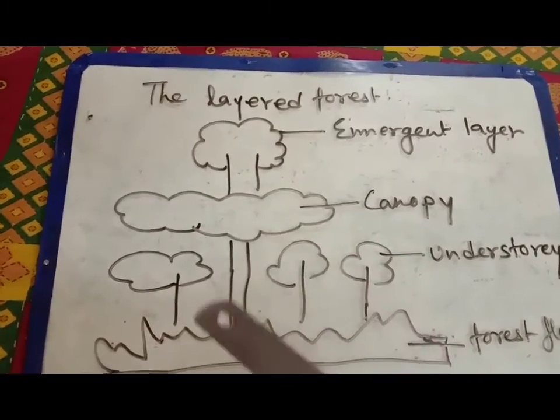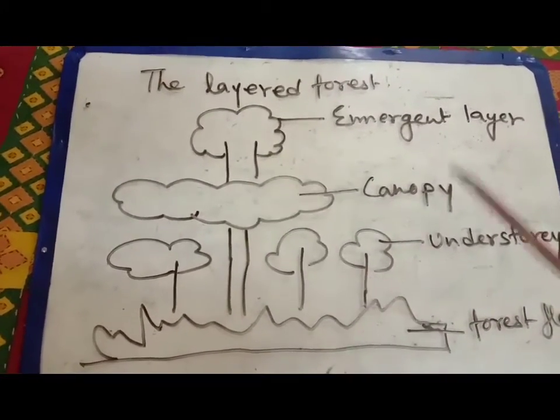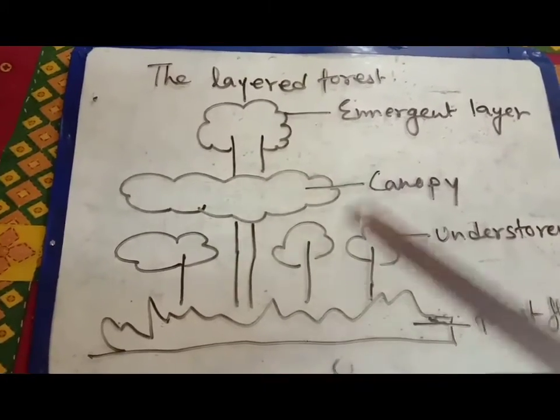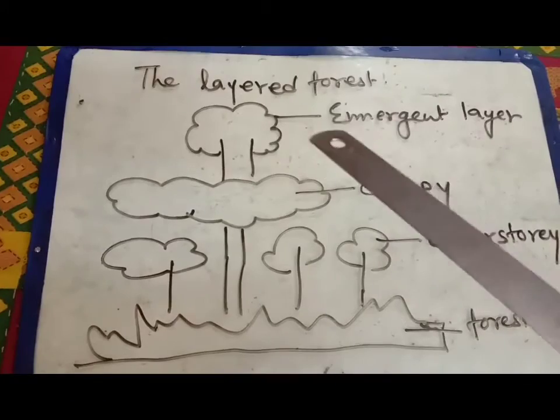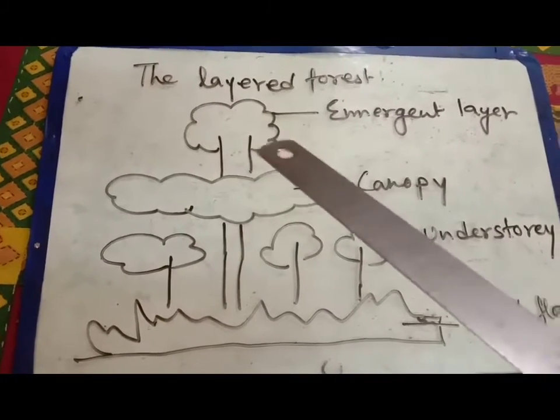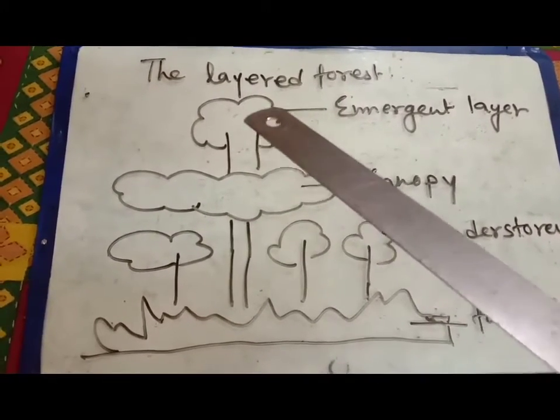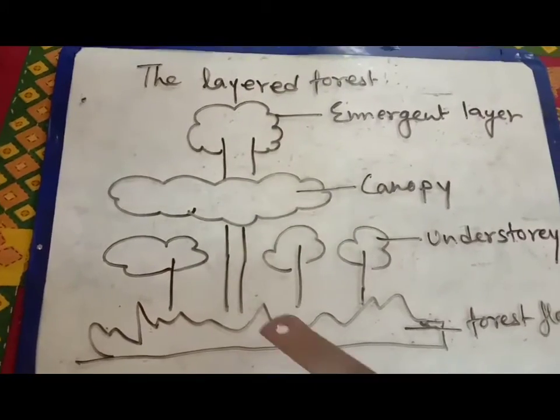So this forest is called evergreen forest. This forest is divided into 4 parts.